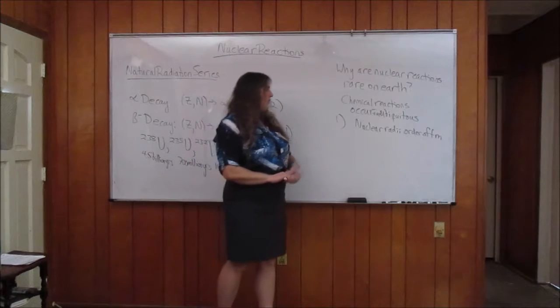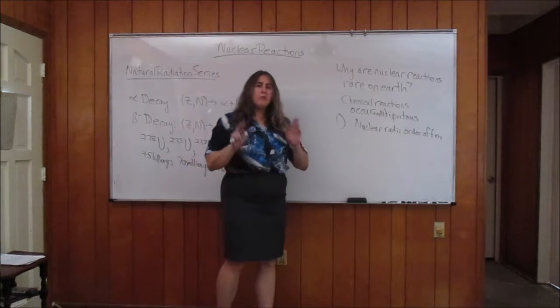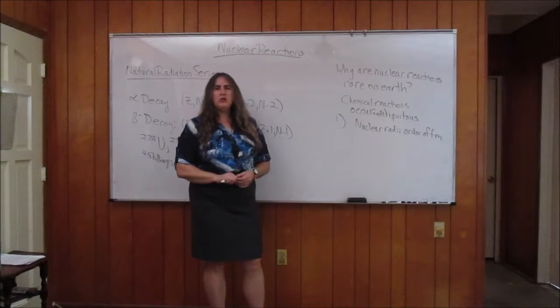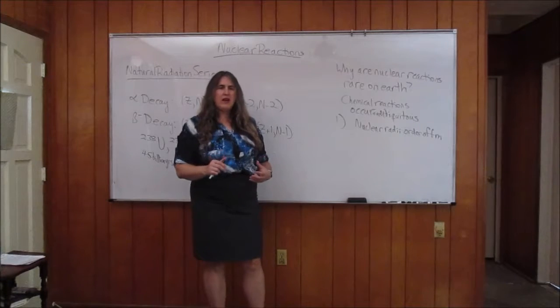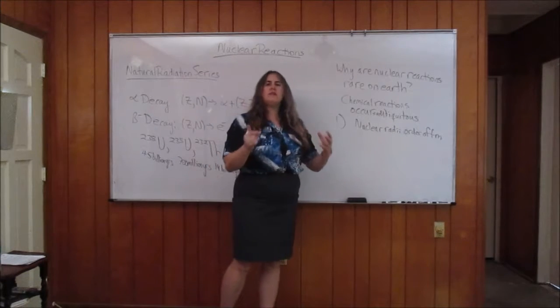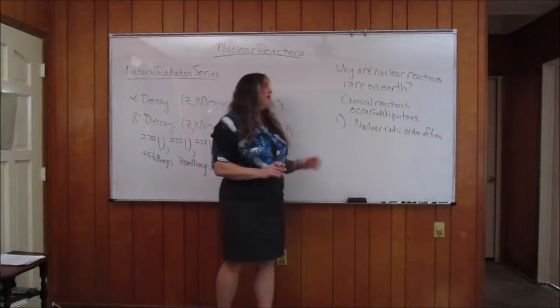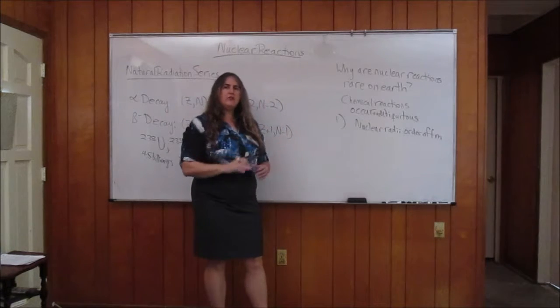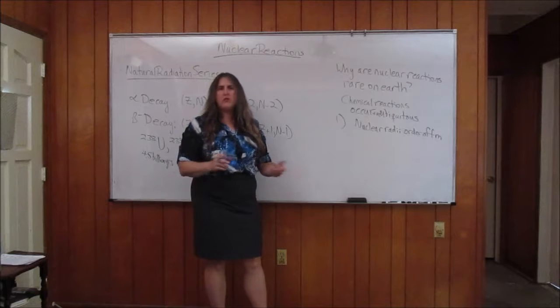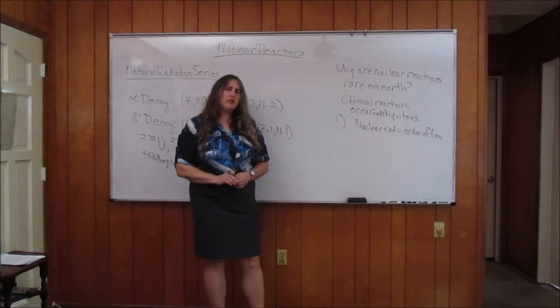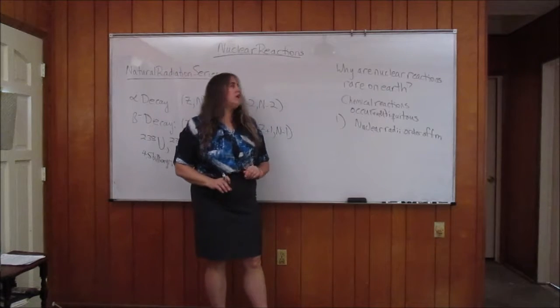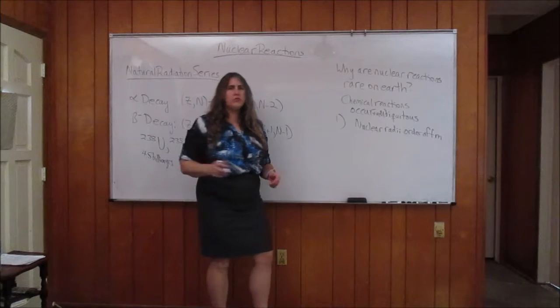So, for one thing, nuclear radii are much smaller. Now, there are occasions when nuclei can behave as if they're as big as an atom, and that's getting into cross sections, which we'll also discuss later in this lecture. But anyway, that's one of the reasons why nuclear reactions are, in comparison, rare on Earth.